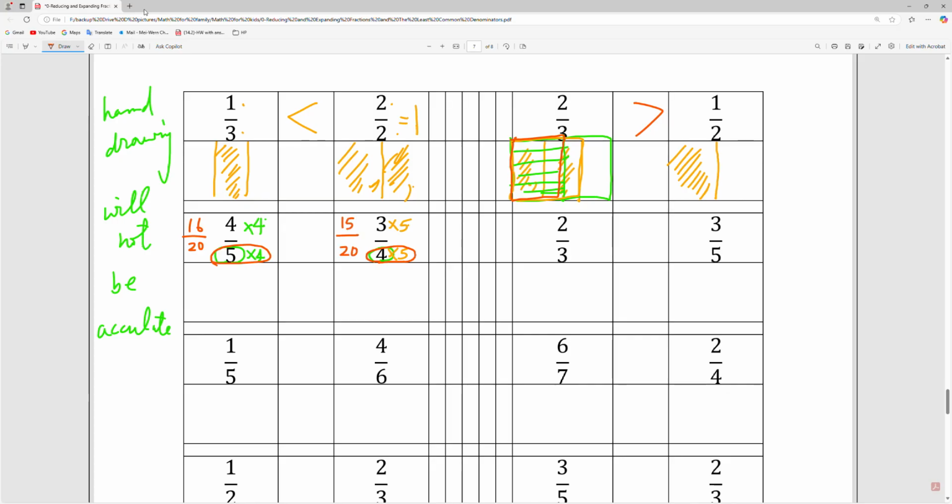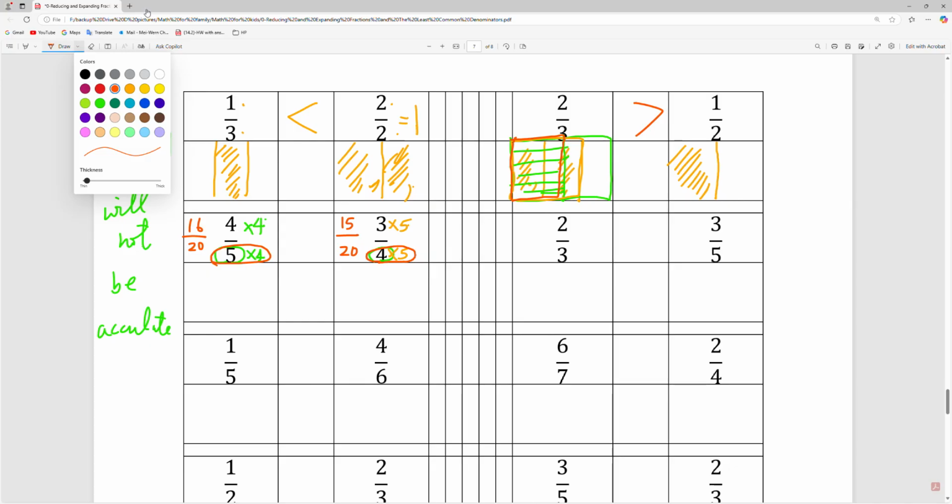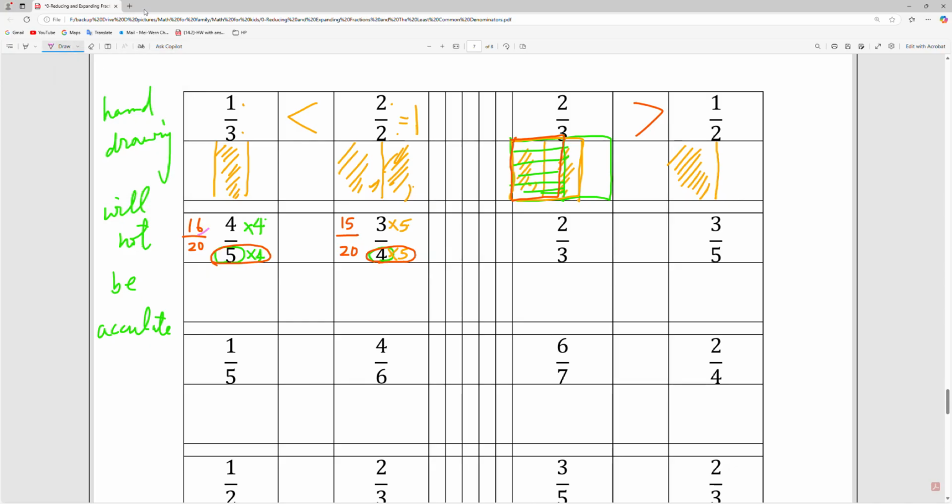When they have the same denominator, you can also make them have the same numerator, but I would like to have the same denominator. Because when you have the same denominator, you only compare the numerators; whichever is bigger, that fraction is bigger. So 16 is greater than 15.